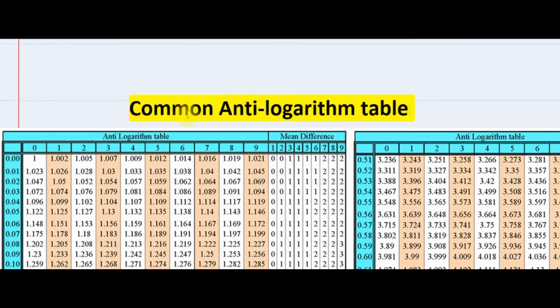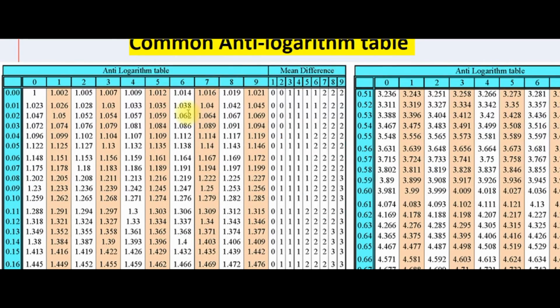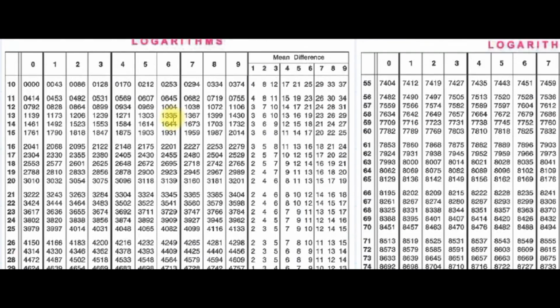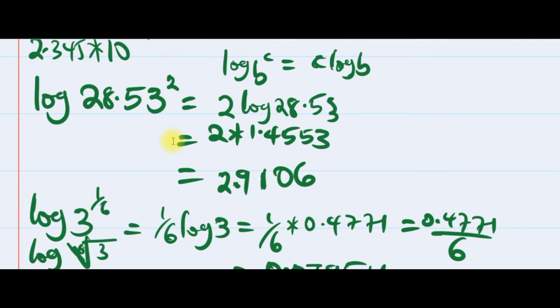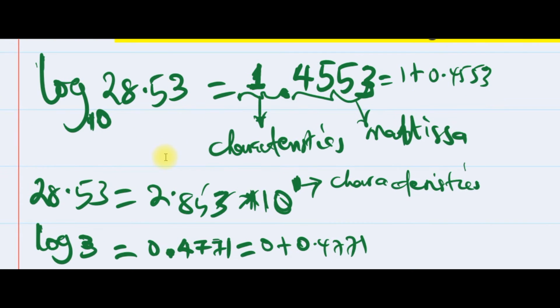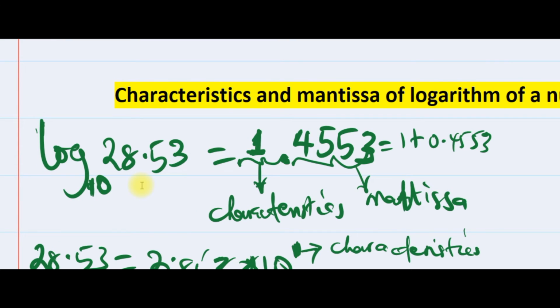It's very simple. Let's go over to the log of a number. Remember, when we found log 28.53, we looked up 28 under 5 difference 3. It gave us 4553. Are you following?